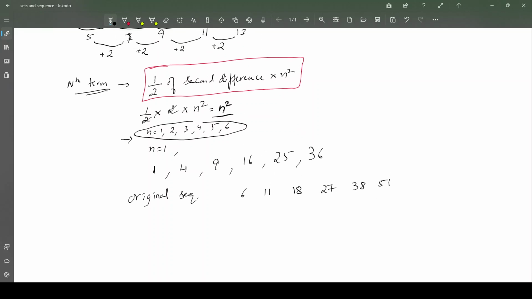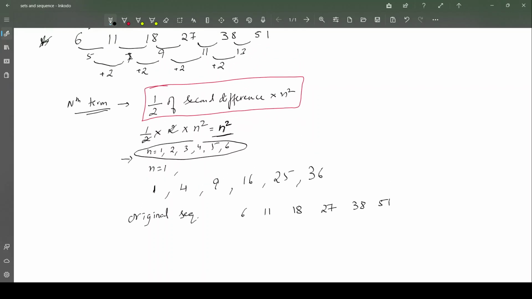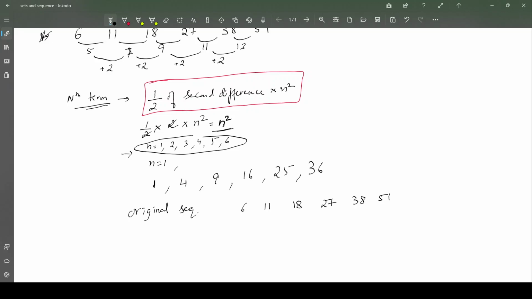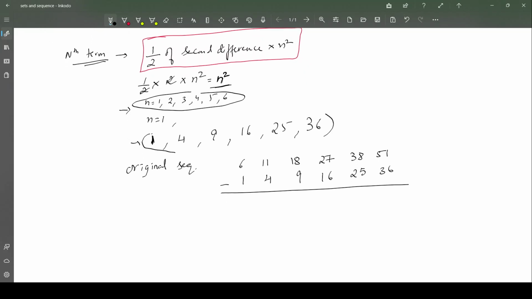You have to write this sequence, and below it the sequence we got, 1, 4, 9, 16, 25 and 36, and you have to subtract it.